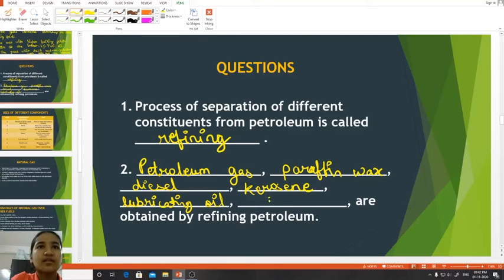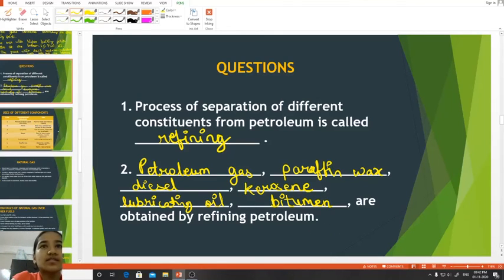Many things are obtained. So these are a few products which are obtained when we refine petroleum.